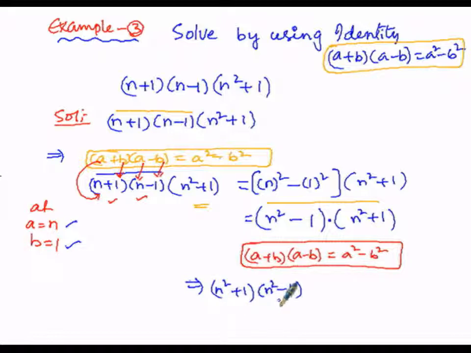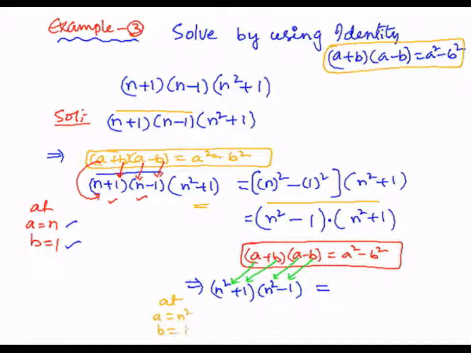So, here a must be replaced by n square and b must be replaced by 1, and again a by n square, b by 1, then the result will be. To get the result, here we have to replace a is equal to n square and b is equal to 1.